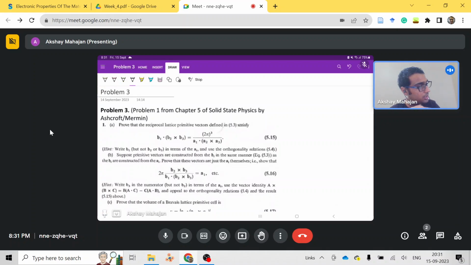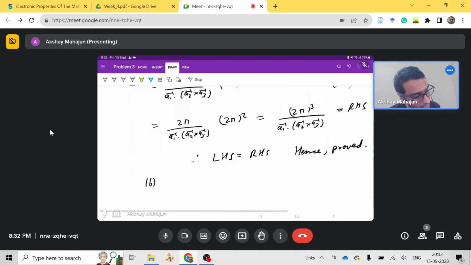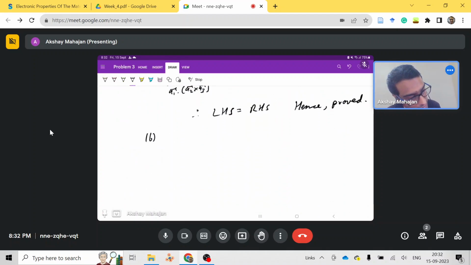Because of time constraint, I will prove just this identity, and you can prove it for the others by taking b3 vector cross b1 vector or b1 vector cross b2 vector in the numerator, and so on. Alright, so let us do part B and start from here.